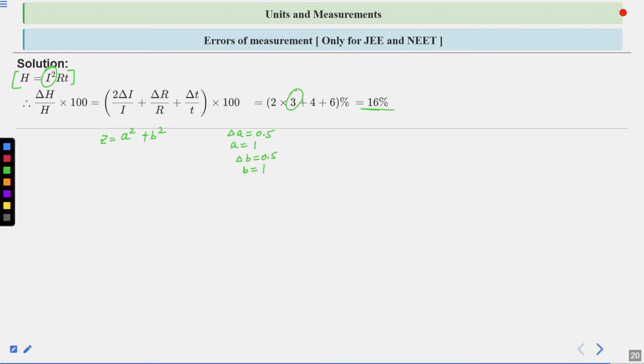Now what is the percentage error and what is the relative error? Please find within 1 minute.